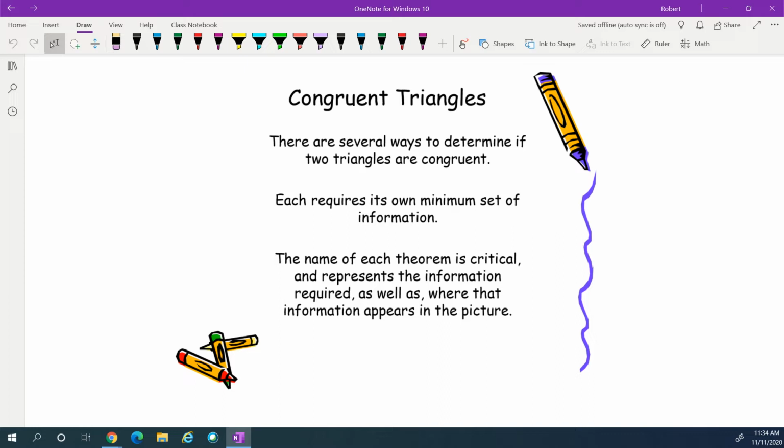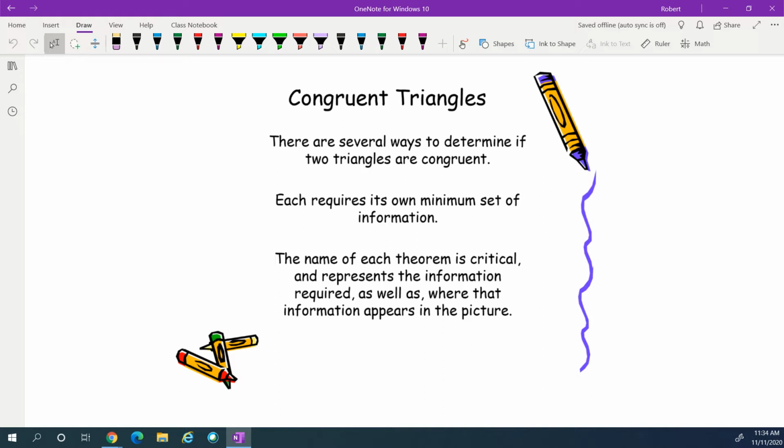In fact, I'm going to show you several ways to determine if triangles are congruent, and each way only requires three pieces of information. Remember, there's six parts, three angles and three sides. In our examples, we only need three of those parts to figure out if the triangles are congruent. Once we know they're congruent, now we know that the other three parts have to be congruent.